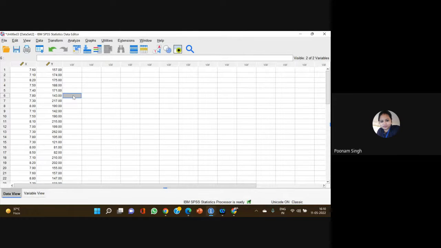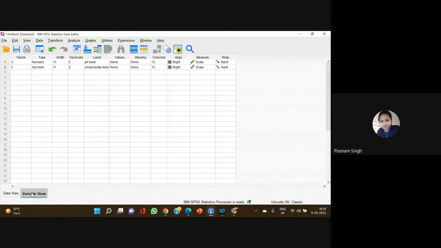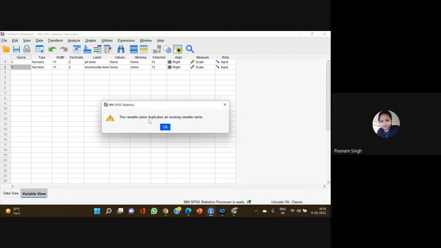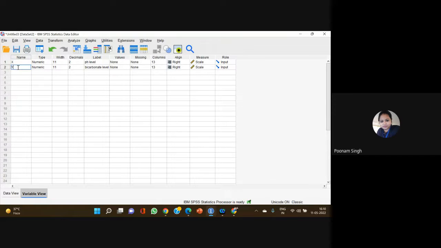We will take the same example only, this example of pH. X was your pH, showing your pH level, and Y was showing your bicarbonate level. Let us change this.